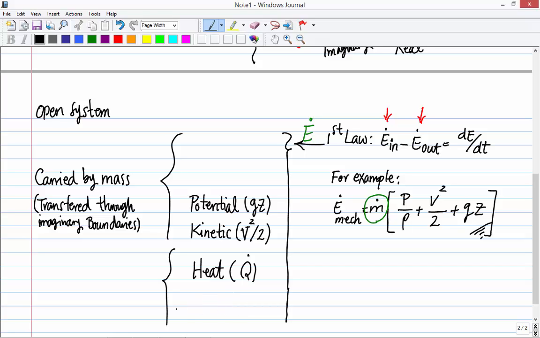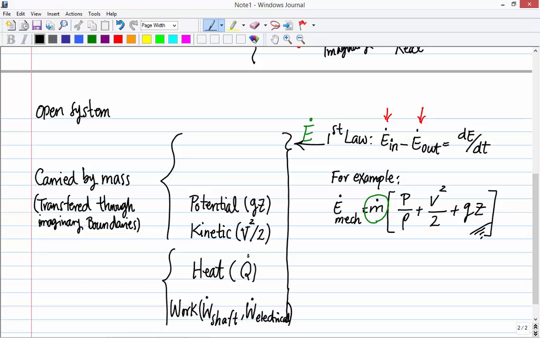So work, either W dot shaft, like in turbines and compressors we have the shaft, or a fan, or we have W dot electrical, like a heater or a resistor with electric current in it.